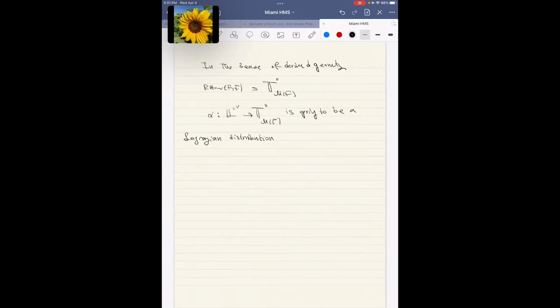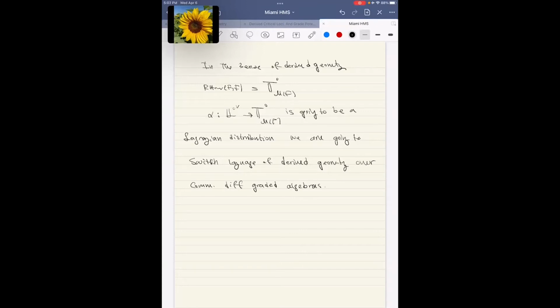So we are going to switch to the language of derived geometry over commutative differentially graded algebras to make everything rigorous.